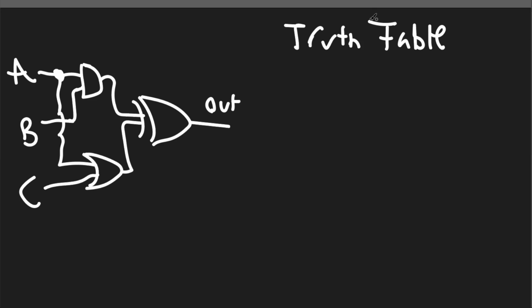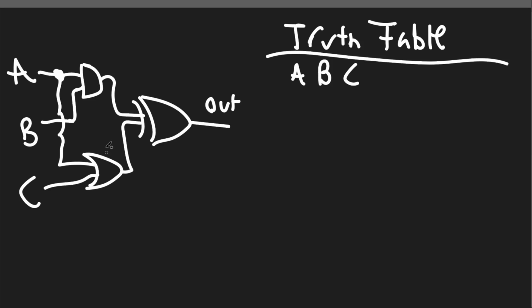Truth tables show you every possible combination, and the word truth kind of makes sense because 1 represents true and 0 represents false. So for a truth table, we will just put all of our variables up here, A, B, and C. If you've ever done something like this in math, it'll make quite a bit of sense to you.